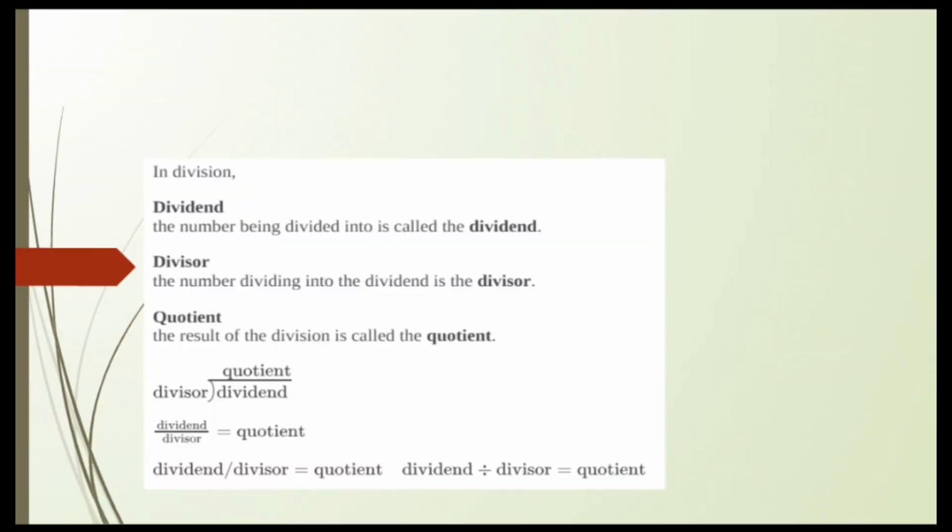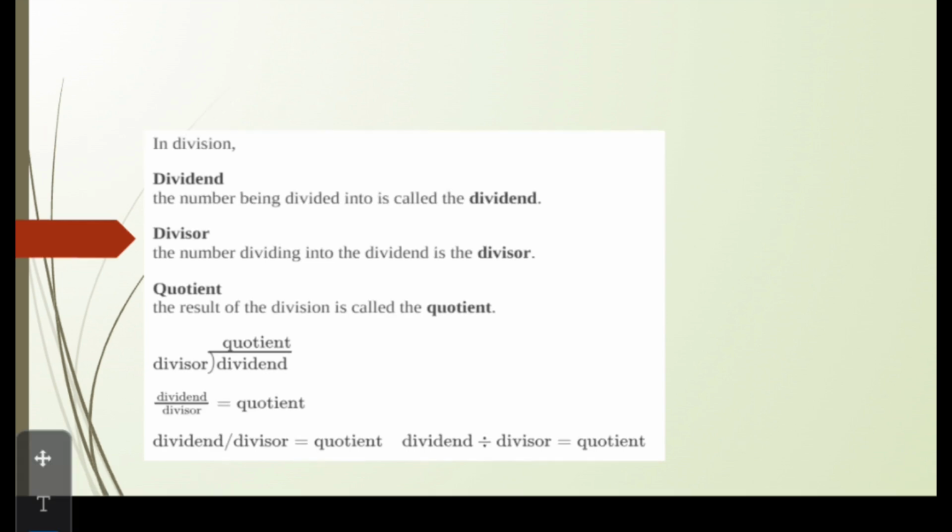The next and last operation is division, where you are given a number. If the number is written under this root, it's the dividend, the number with which you are dividing is the divisor, and the answer you are getting is the quotient.